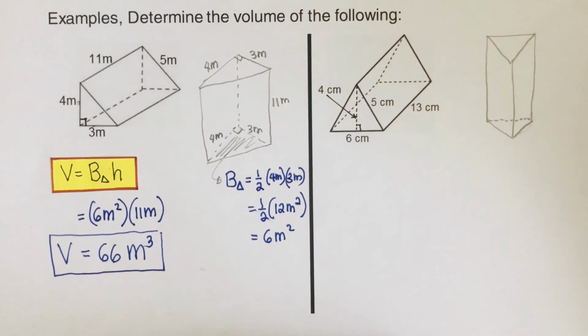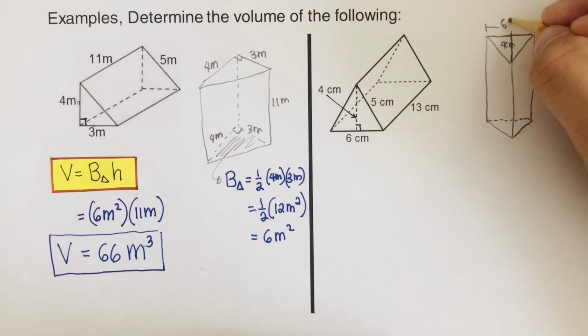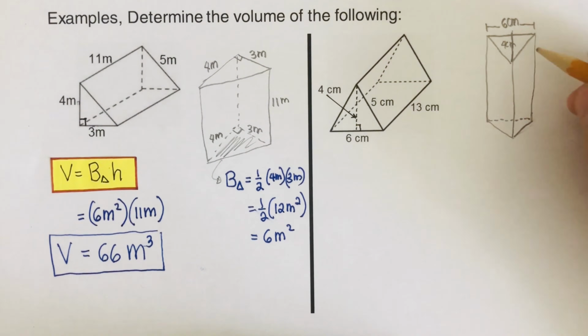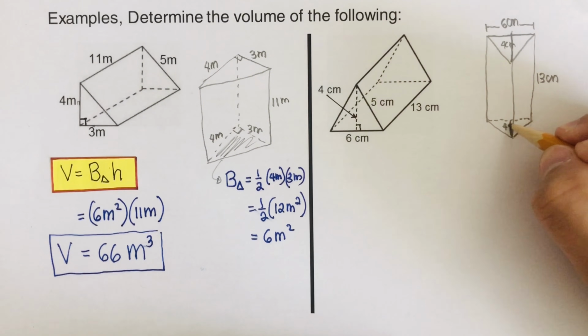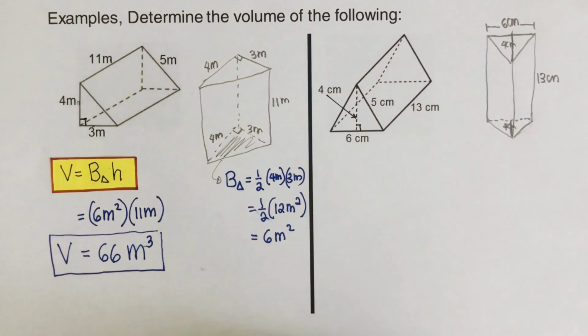So let's label the parts on the top base. This one right here is 4 centimeters. And then this length right here, from that end to this end, is 6 centimeters. And then the height of this is 13 centimeters. The same thing for the one on the base at the bottom, that's 4 centimeters, and then the length on that side at the back is 6.